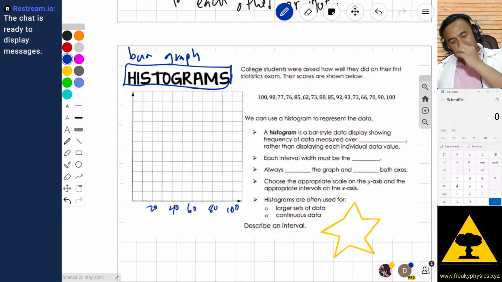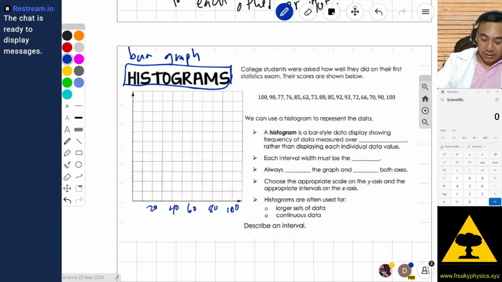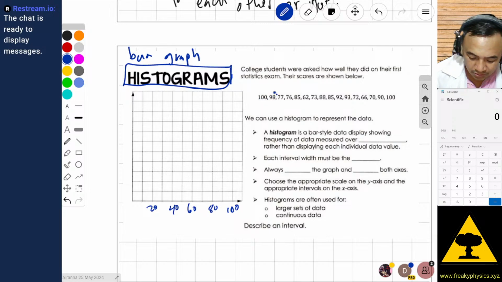Now, what I could do with this graph is look for the scores from 91 to 100. From 91 to 100, I would see how many? One, two, let's cross them out.